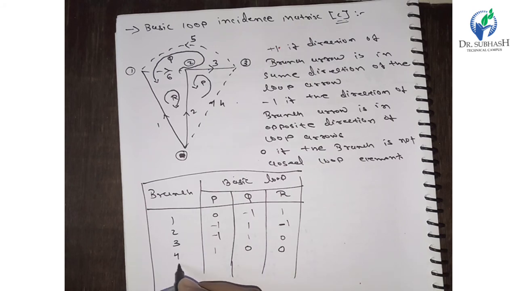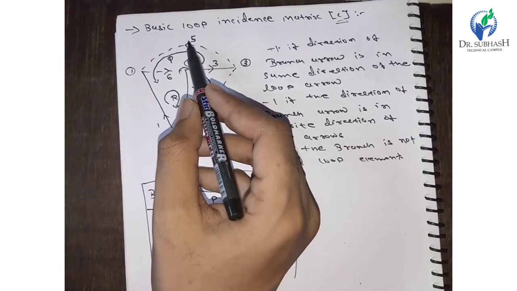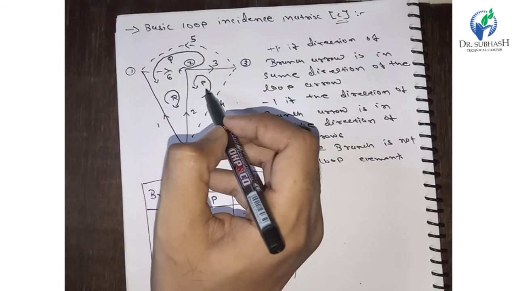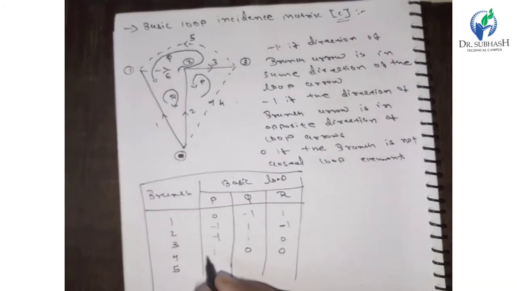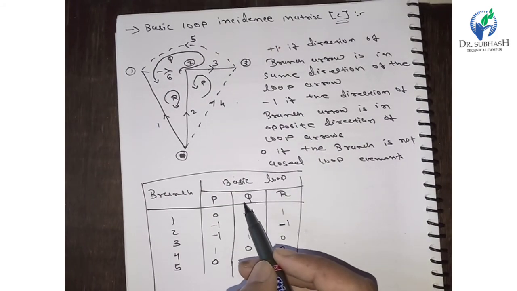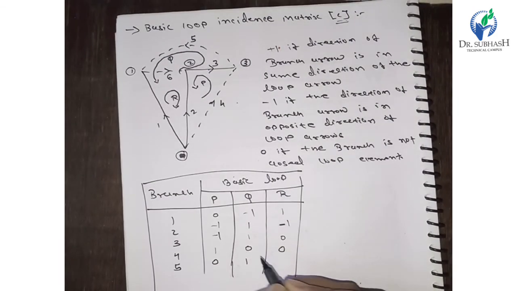In branch 5, basic loop P is not directly connected with them, so the output is 0. In Q, it is the same direction, so the output is +1, and loop R has no physical connection, so the output is 0.